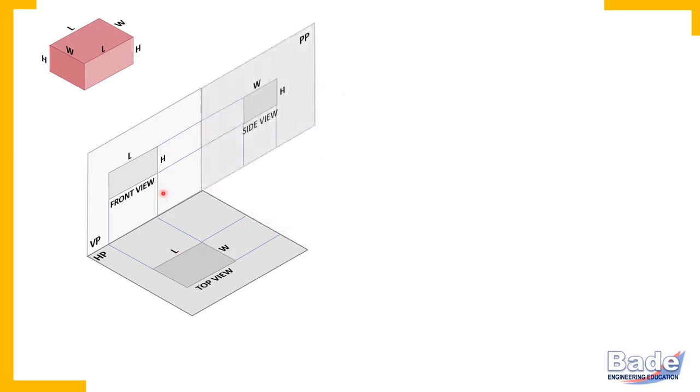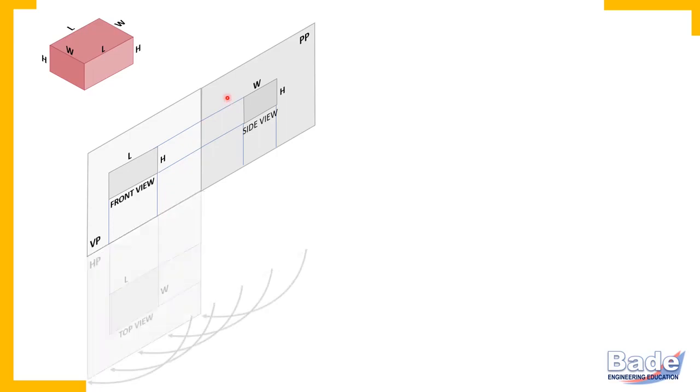To bring all these three views in one single plane, we imagine opening of the quadrant. Now in this case, HP is rotated about the line of intersection of VP and HP to bring HP in the plane of VP, and the profile plane is also rotated about the line of intersection of VP and PP to bring the profile plane in the plane of VP.